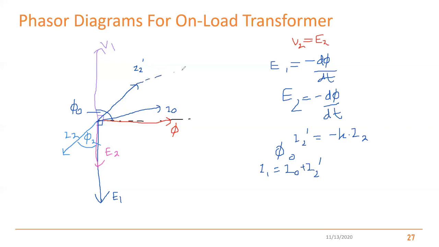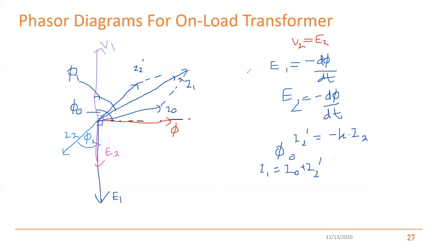So this is the I1 phasor, and this is the input power factor angle. That is how we can draw the phasor diagram for an on-load transformer for inductive load.